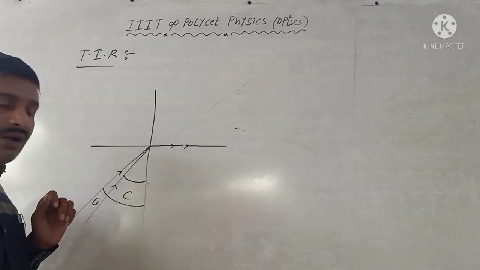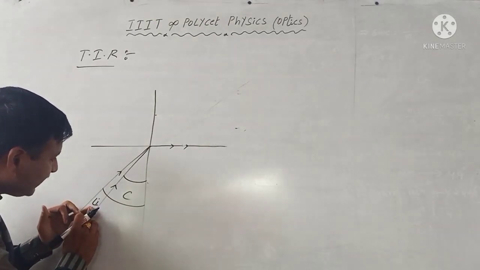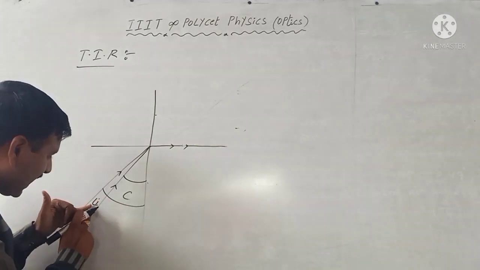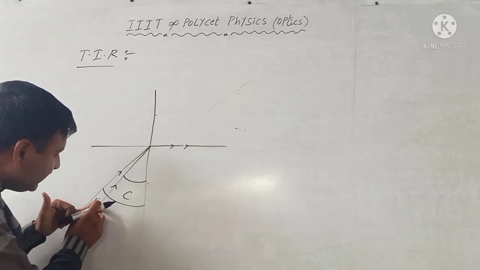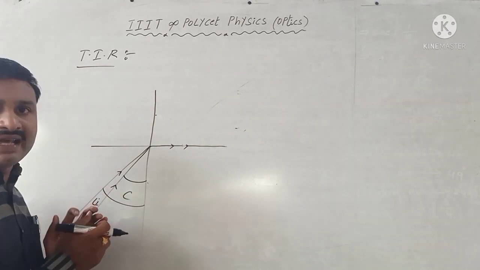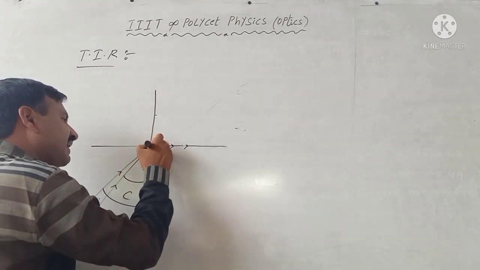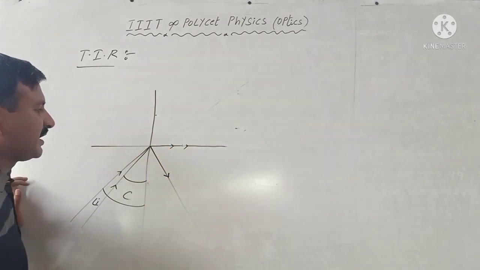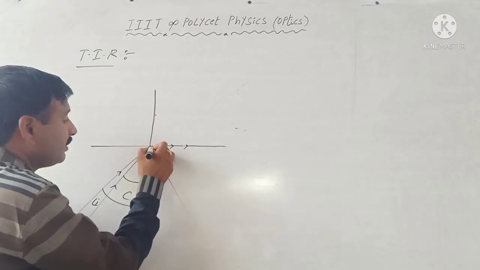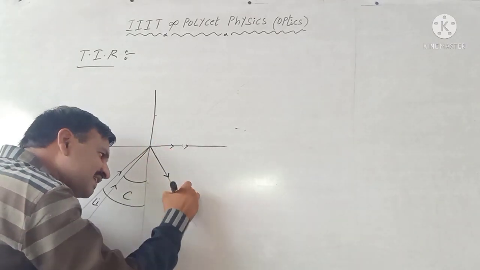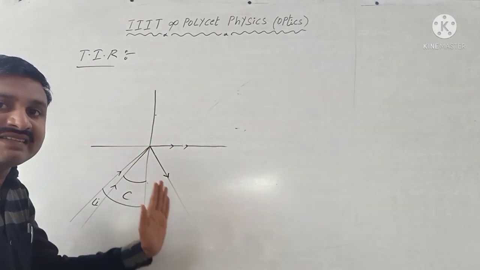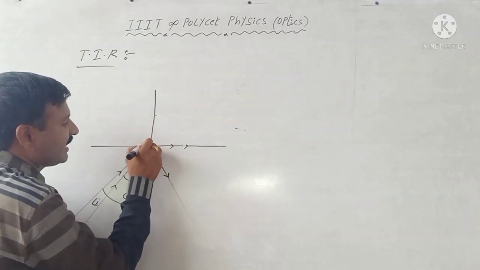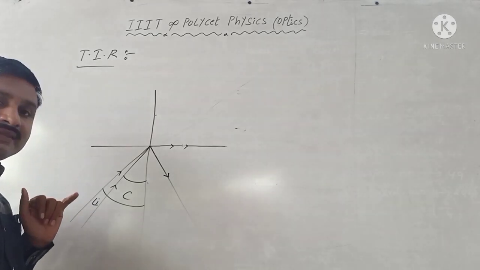When the angle of incidence is greater than the critical angle, the light ray gets reflected back in the same medium, the denser medium, at the interface.